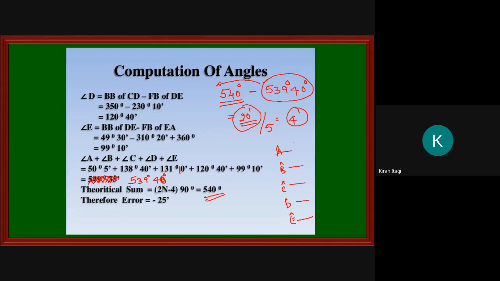Angle A plus 4 minutes. Therefore, angle A will be 50 degree 9 minutes. Angle B will be 138 degree 44 minutes. Angle C will be 131 degree 14 minutes. Angle D will be 120 degree 44 minutes.